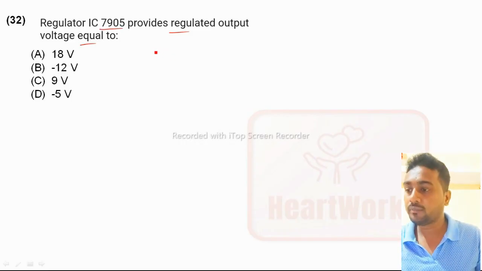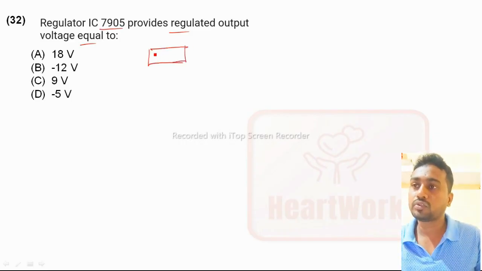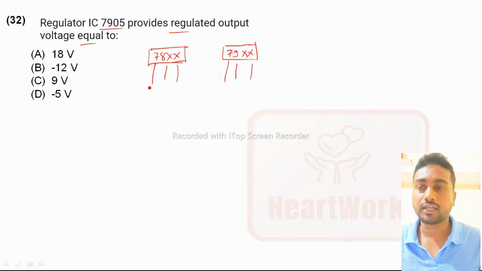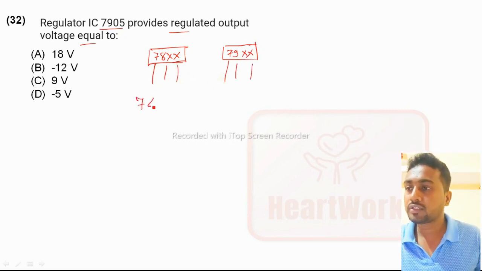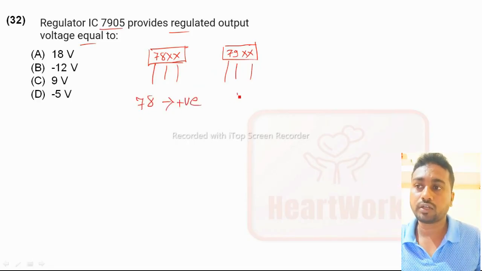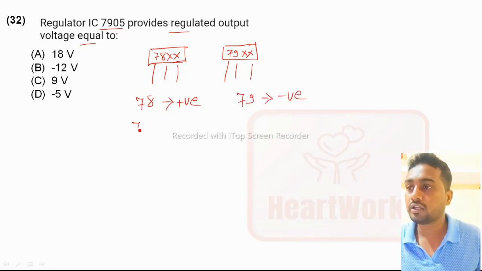In a question, they may ask about two series, the 78 series and the 79 series. When the number starts with 78, remember it is a positive regulator. When it starts with 79, remember it is a negative regulator.